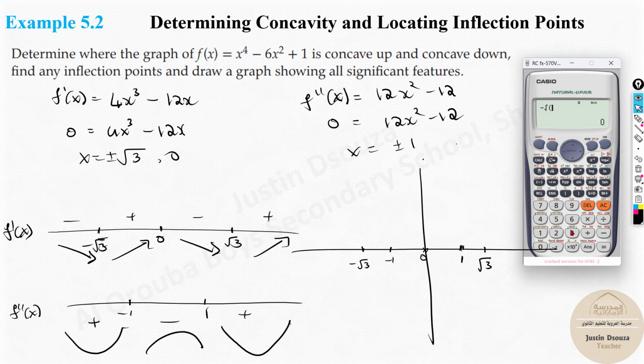So calculate at minus root 3, that is about negative 8 somewhere over here. I just need to write it over here, minus 8. Then calculate it at minus 1. It is minus 4 over here somewhere.